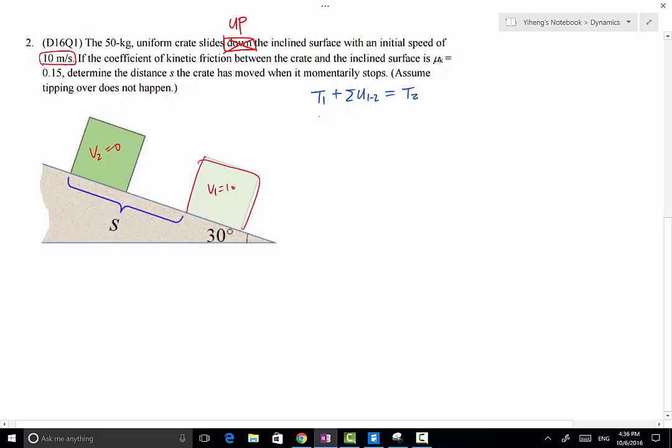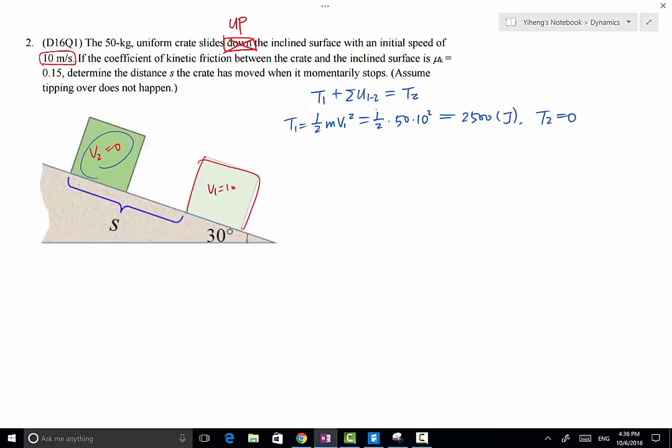And T1 equals 1/2 m v1 squared, which equals 1/2 times 50 times 10 squared, and that is 2,500 joule. And T2 is 0 because v2 is 0. This is when the crate has stopped. So the difference is the total work done to this object during this process.